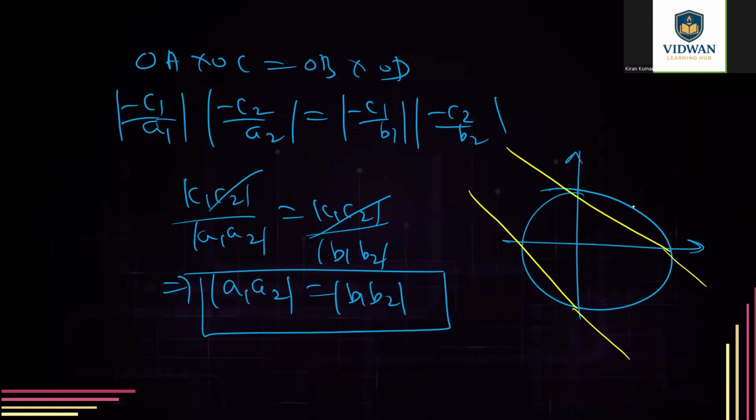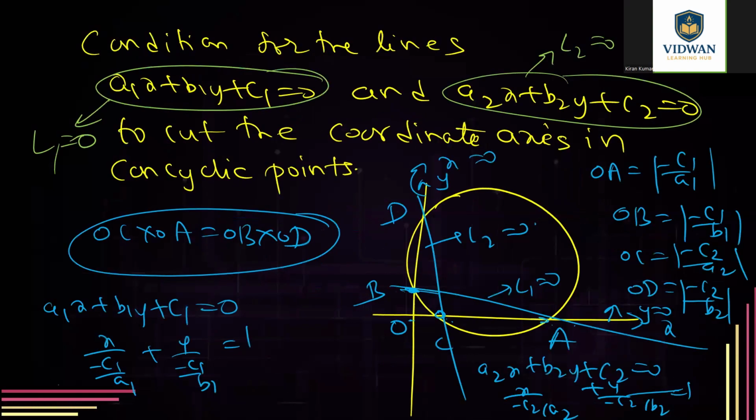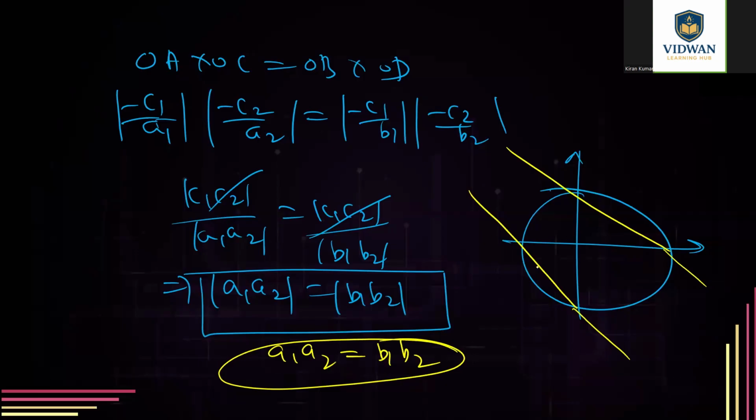So will you get in first and second, or otherwise in two consecutive quadrants where you can have minus sign? So here both are positive. Here both the intercepts are negative. So then also you will get same sign. So I think this will reduce to only this case. Minus sign you will not get because you will get only two cases in the diagram. You will get this case and this case. You don't get the other two cases. So this will reduce to this.